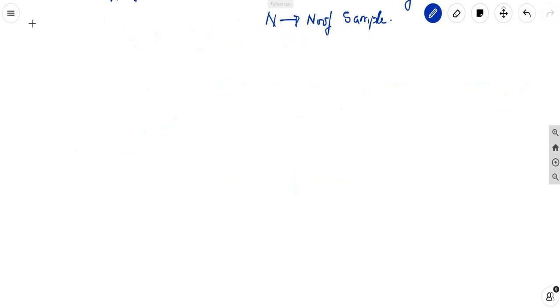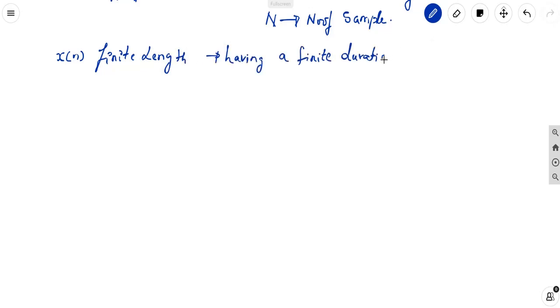Okay, let us consider a discrete signal x of n that is of finite duration of length n, where n is greater than or equal to 0 and less than or equal to n minus 1.